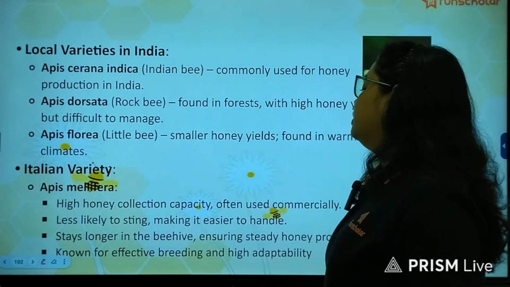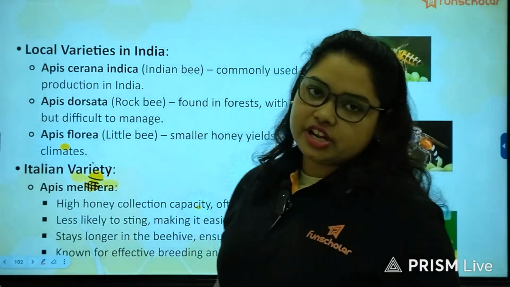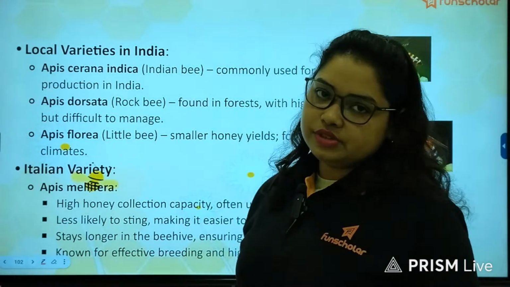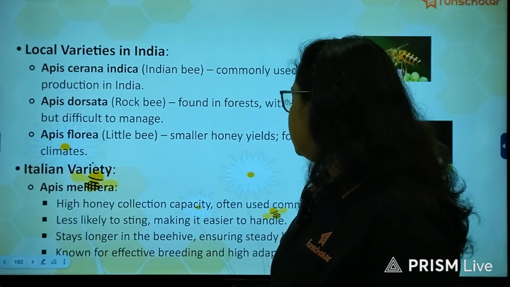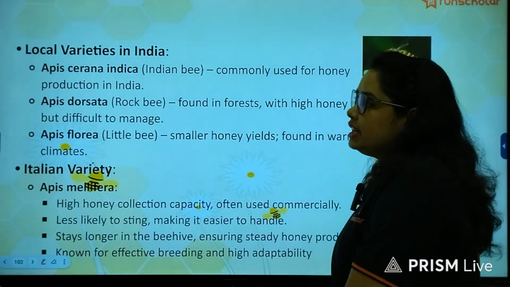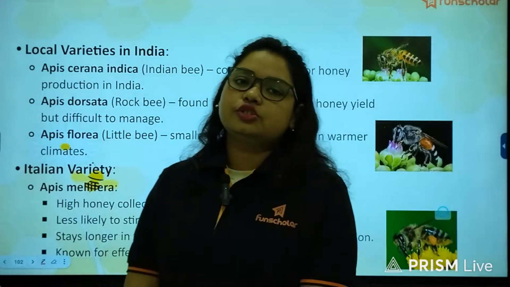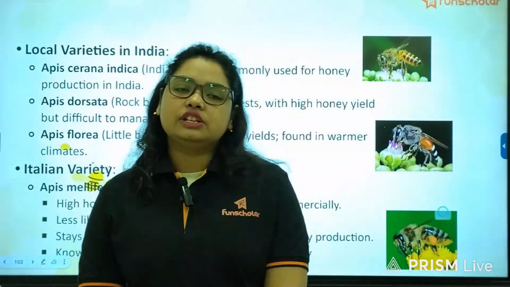It will sting less, so therefore it can be easily managed, easily tamed and domesticated in the apiary. It stays longer in the beehive, ensuring steady honey production. So that is a very important factor. You are making a home for them, so the longer they stay in that, the better it is for you.